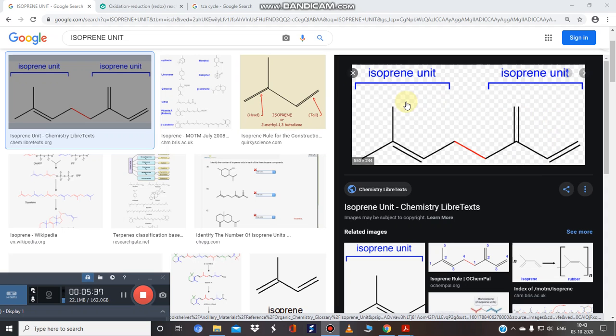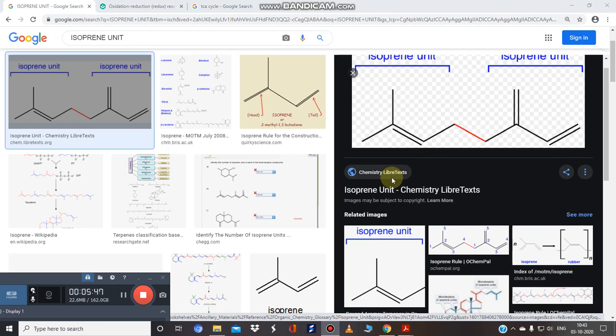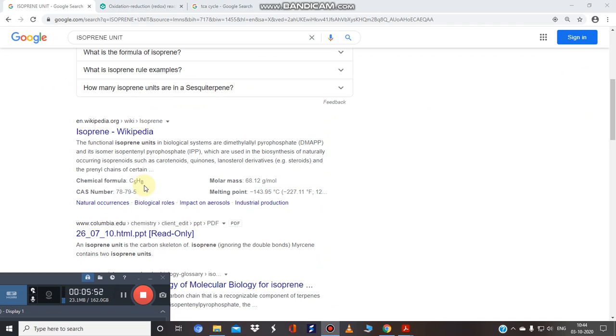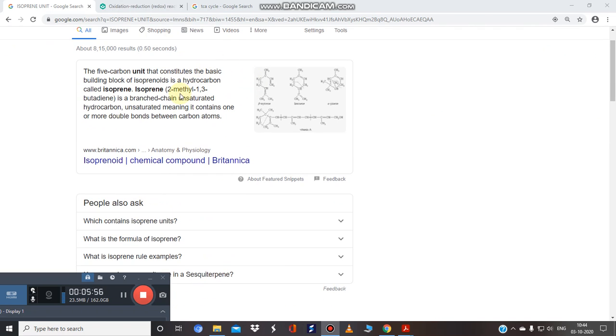This is the isoprene unit. I hope you remember about the isoprene units or the terpenoids. These are hydrocarbons represented by the formula (C5H8)n. So this is the basic isoprene unit, the C5H8 unit, and this is 2-methyl-1,3-butadiene.